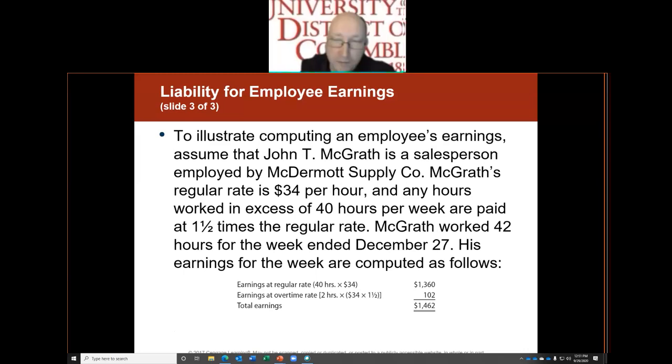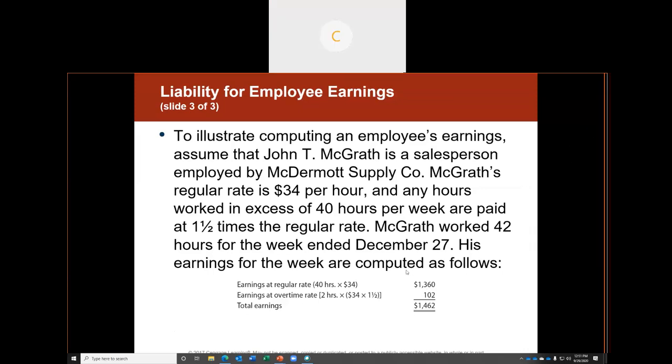Okay. An example of that: I have an employee that earns $34 an hour. The employee worked the initial 40 hours. 40 hours times $34 an hour. The regular rate is $1,360.